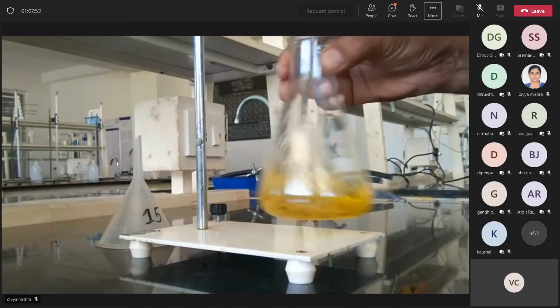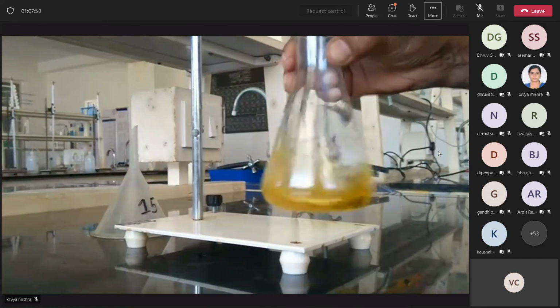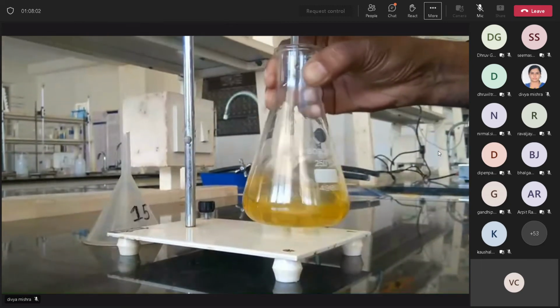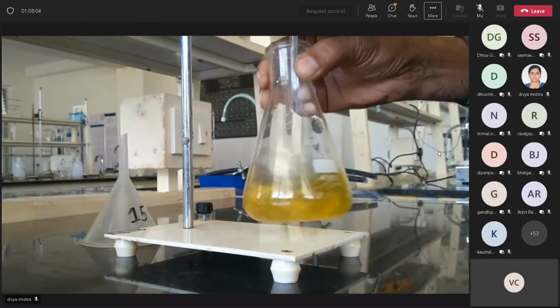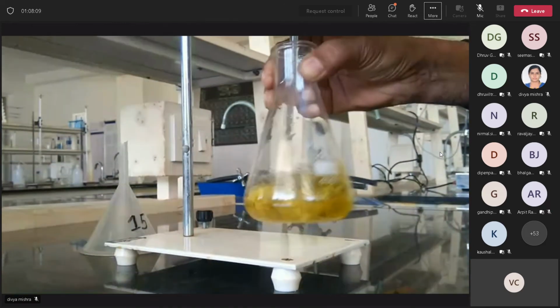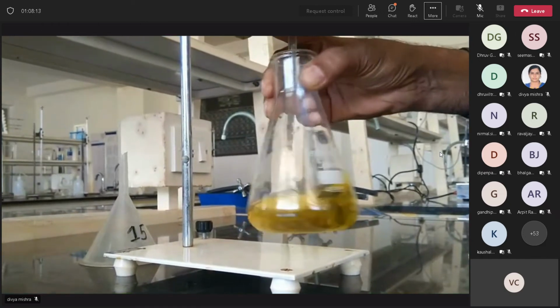Titrate the solution with standard FAS filled in a burette, till the color changes from bluish green to reddish brown.